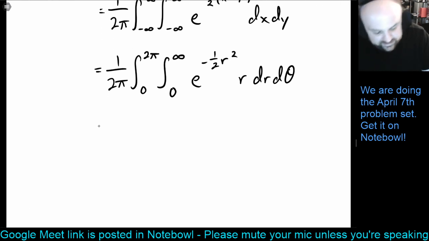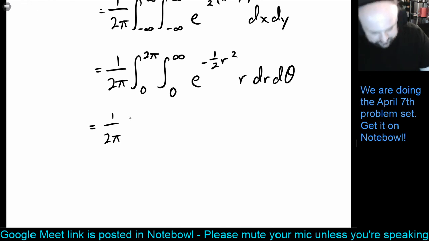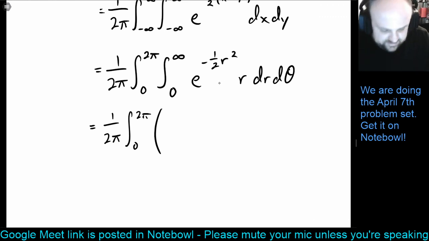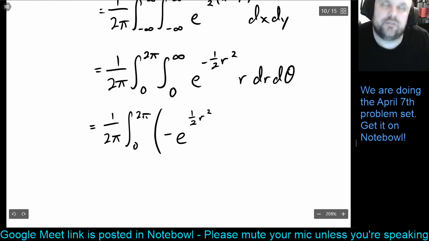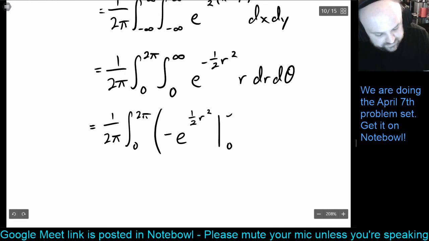So if we integrate this, we need to integrate this with respect to r first. So let's see. If we integrate this, we get negative e to the 1/2 r squared. Is that right? Yep, that should be good. From 0 to infinity, d theta.